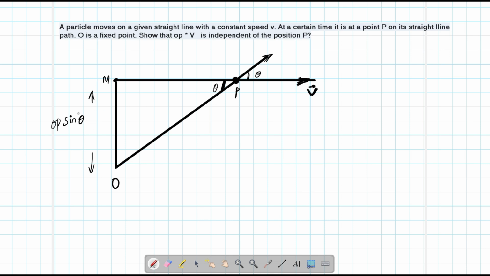OP sin theta equals how much? OP sin theta equals OM. So OM equals OP sin theta.